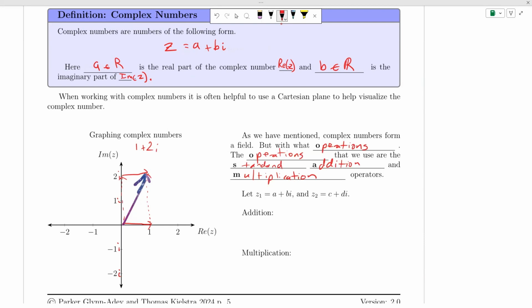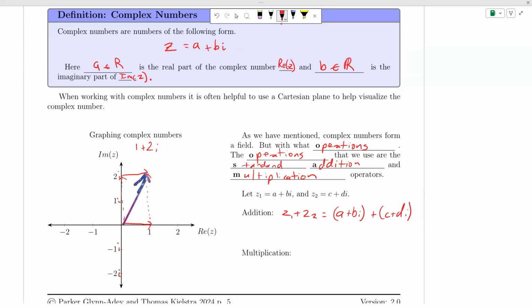So addition, if we look at z1 plus z2, this is going to give us (a plus bi) plus (c plus di).